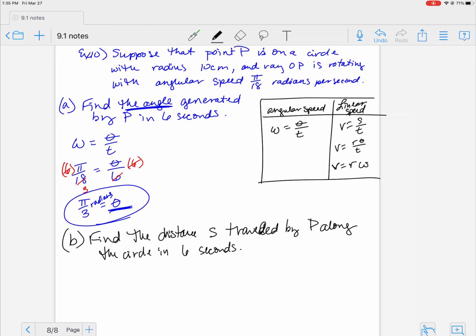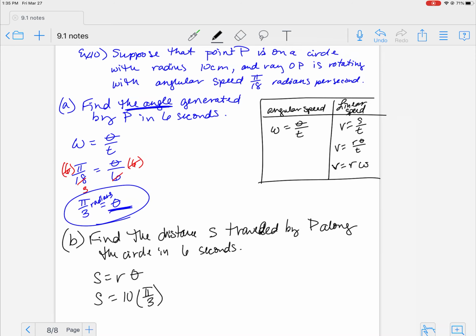All right. So now I'm going to use my arc length formula. Now look at the information that we have right now. Arc length is R times theta. I just figured out what theta was because I'm still doing this in 6 seconds. So I now know that my theta is going to be pi over 3.